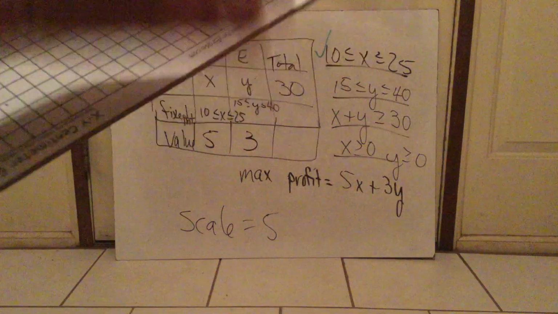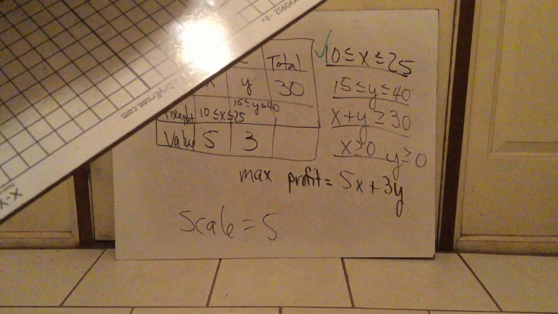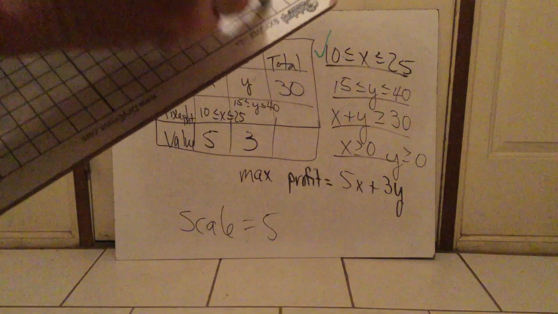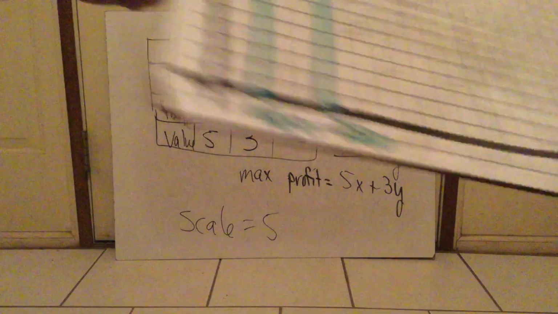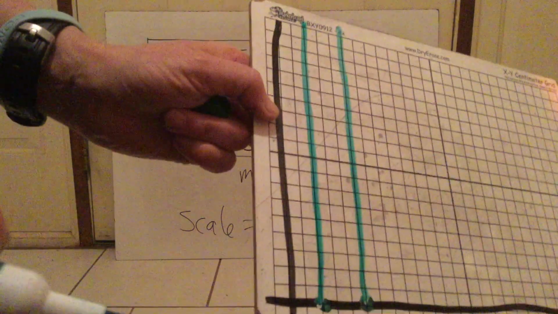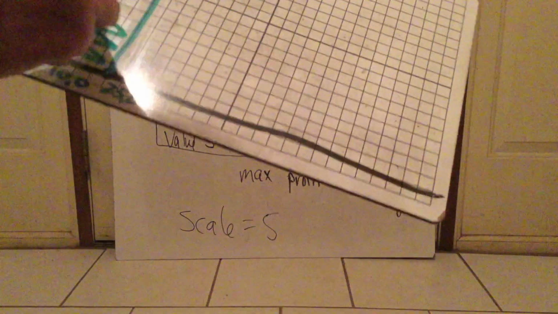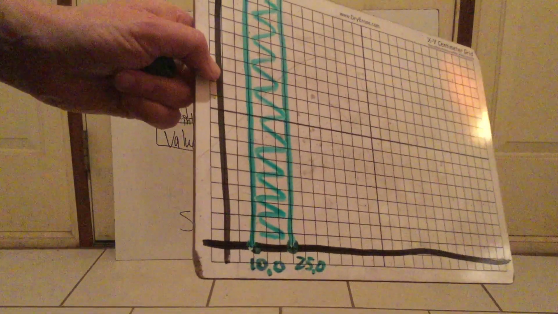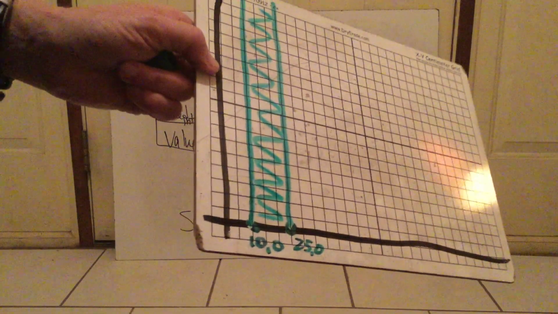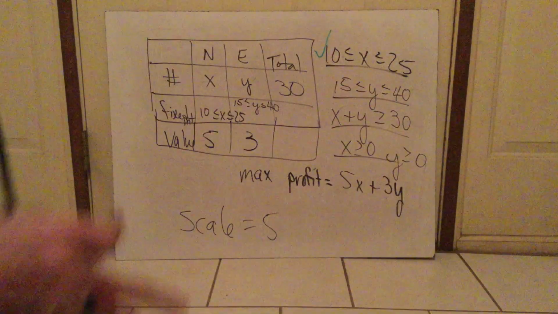And now remember, I'm going to make nice vertical lines straight up my grid from those. So it looks like this. And I'm going to shade in between them, because x is supposed to be in between 10 and 25. All right.